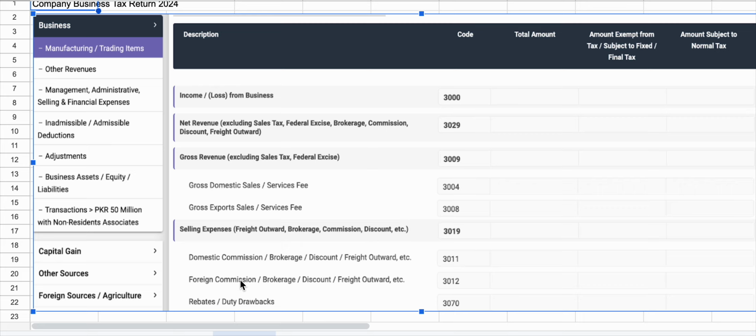And if it's outside of Pakistan, it will come in this column, foreign commission, brokerage, discount, and it is 3012. Rebates and duty drawbacks are basically regarding exports.